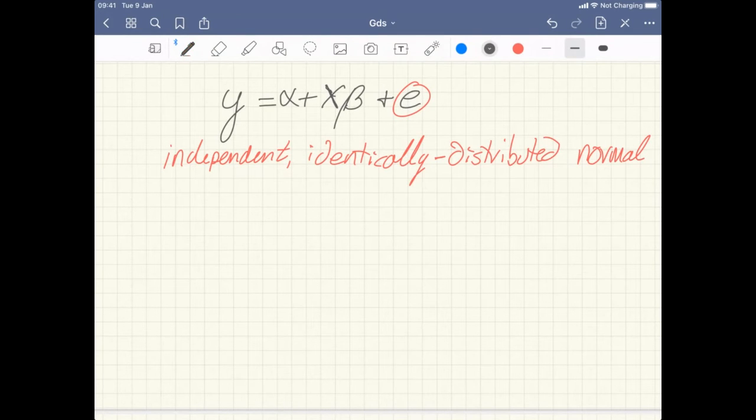So this is actually an explicit model of the distribution of your regression error. It says that for every observation, it needs to be normally distributed with a mean of 0 and some variance, sigma squared. Okay?